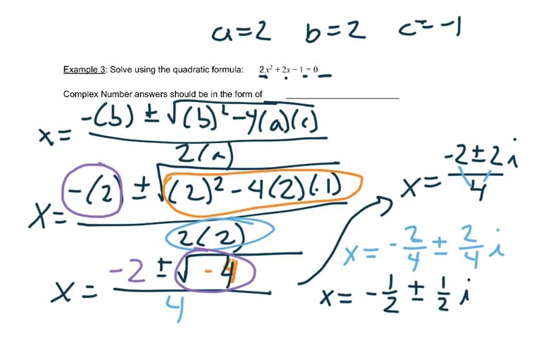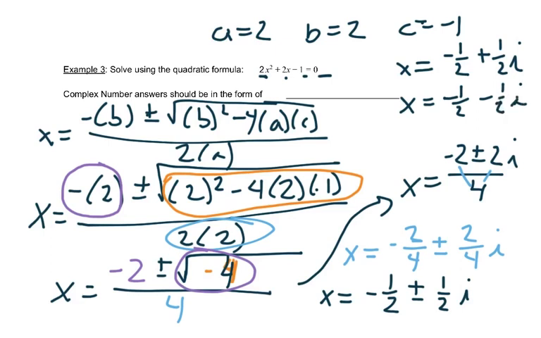And that's really two answers. Sometimes your homework wants you to write them out separately, so we'd have negative 1/2 plus 1/2 i, or negative 1/2 minus 1/2 i.